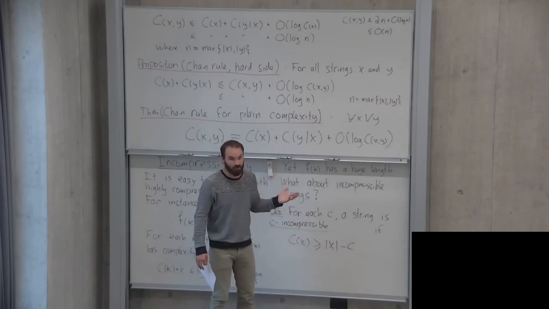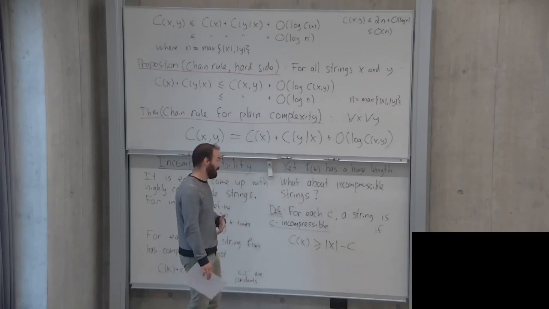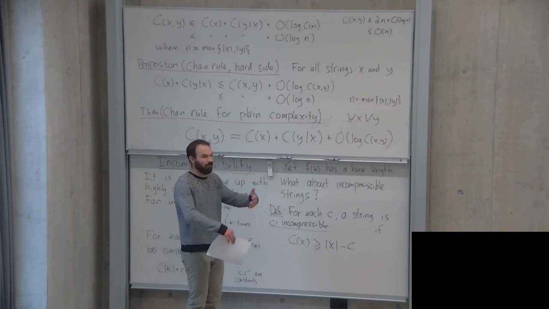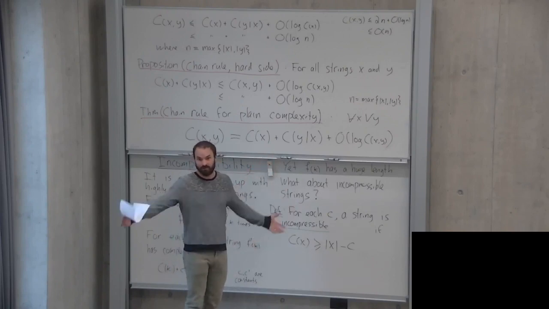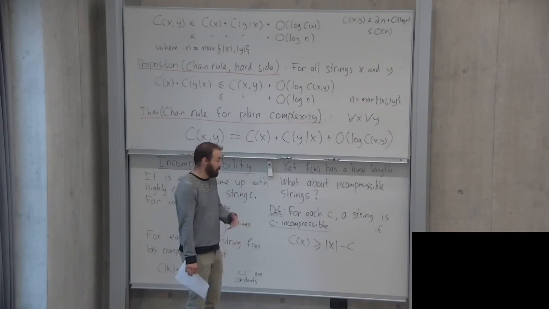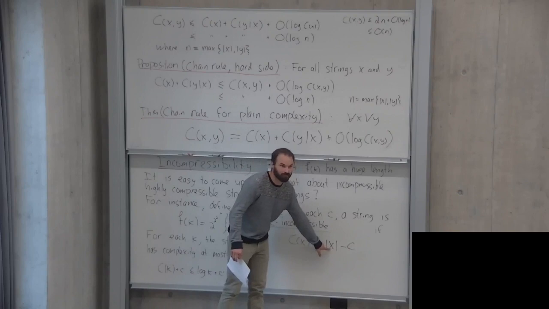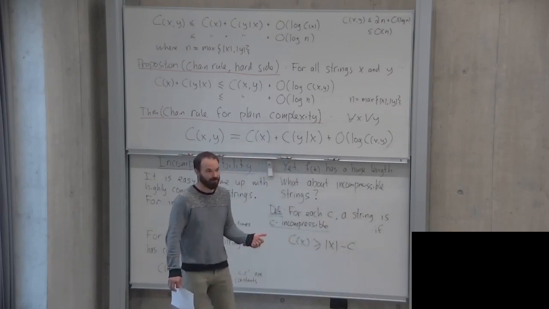But if you fix one programming language, or an enumeration of Turing machines, it might be the case that the shortest program for epsilon has length 55. I don't know, it might be 17, but it will be larger than 0. So epsilon would qualify as an incompressible string.